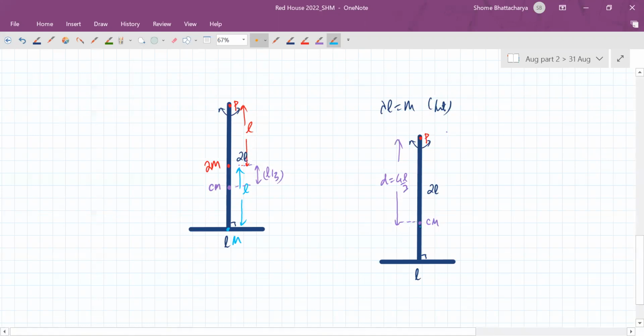And the weight acting through this point will be 3 mg actually, because we have taken lambda L as m. Okay. So now my omega square is going to be 3 mg into 4L by 3 divided by moment of inertia about that point.